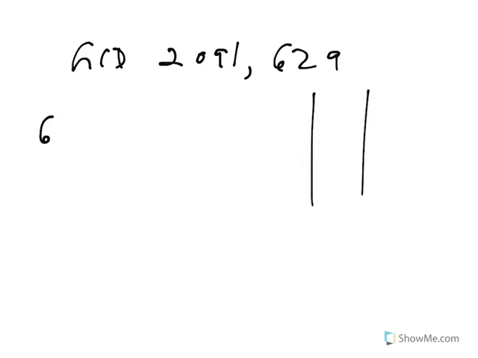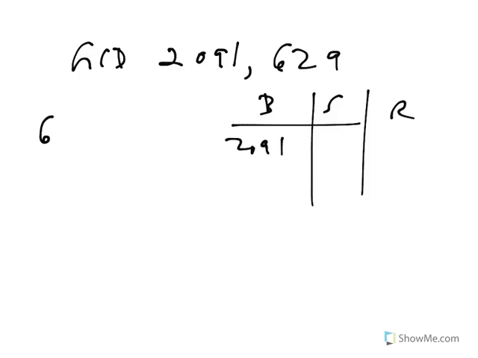To find the greatest common divisor of 2091 and 629 using the Euclidean algorithm, just to remind you, make a little chart: big, small, remainder. 2091.